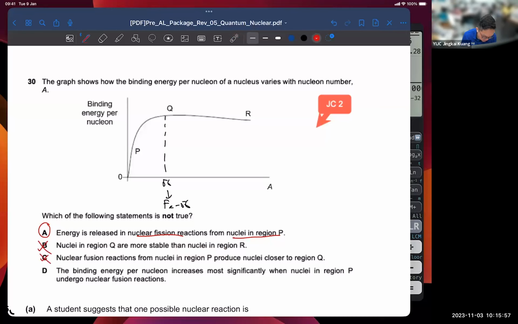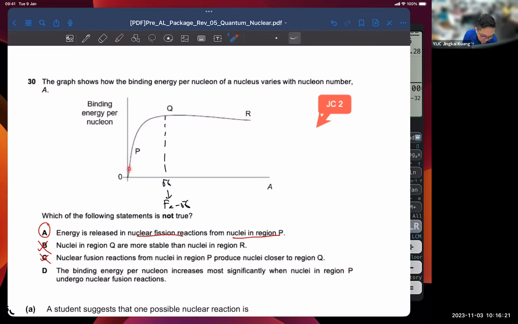Therefore, it's also wrong. Now D: binding energy per nucleon increases more significantly when nuclei in region P undergo nuclear fusion reaction. The comparison is not stated here. It's saying that when P fuses, you will get more binding energy increase per nucleon compared to when R fissions to here.